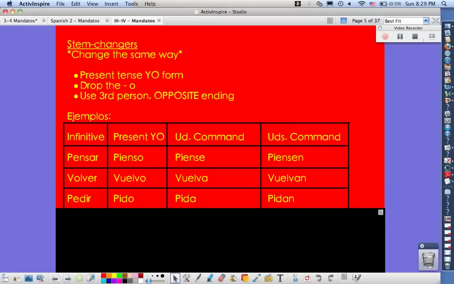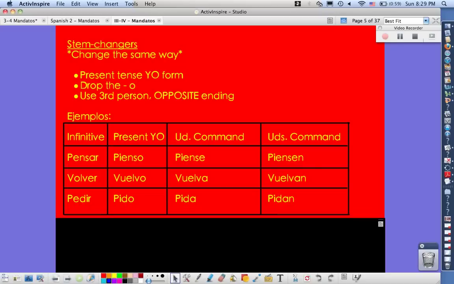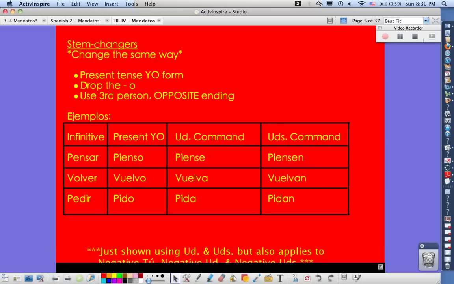Or pedir, an E to I stem changer, changing to pido in present tense. Usted command becomes pida, or ustedes command, pidan. Okay? This is just showing the usted and ustedes, but do remember that it applies to negative tú, negative usted, and negative ustedes as well.